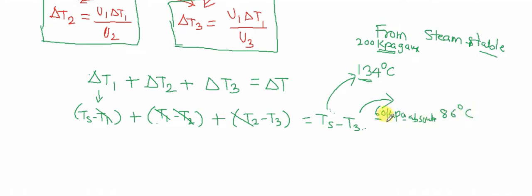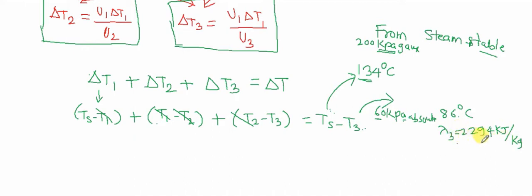For pressure 60 kilopascal, the temperature is 86 degrees Celsius, and at 86 degrees Celsius, lambda 3, the latent heat, is 2294 kilojoule per kg.